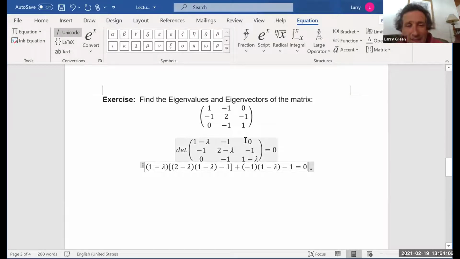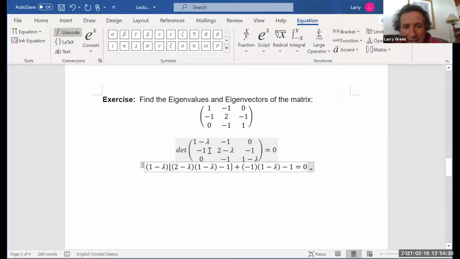Okay, and then you take the determinant of the minor, which is 2 minus lambda times 1 minus lambda, minus negative 1 times negative 1, which is minus 1. And then we go to the next one, and that's going to be negative 1 times negative 1 to the 2 plus 1. So it's negative 1 times negative 1, which is positive 1, so I don't need it.